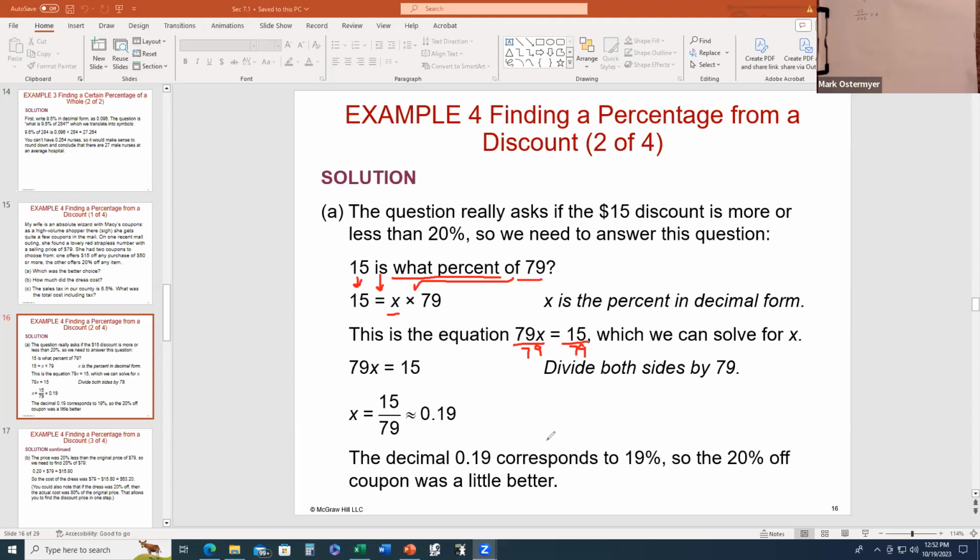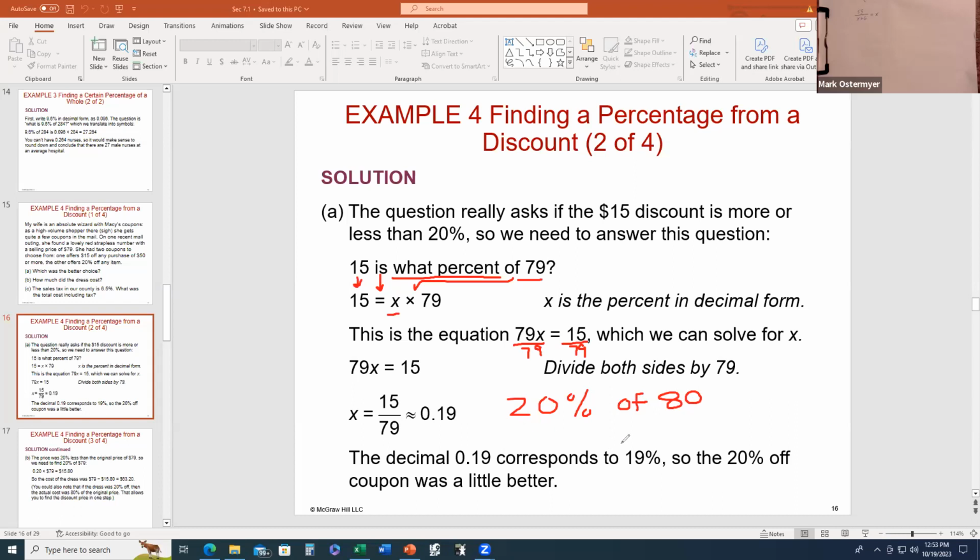Now, if you're in the store and you don't have any calculator, which is usually the case, how could you do this mentally on the fly? What would be 20% of 79? Let's just round 79 up to about $80 to make our calculations easier. Look, you don't need a calculator here.